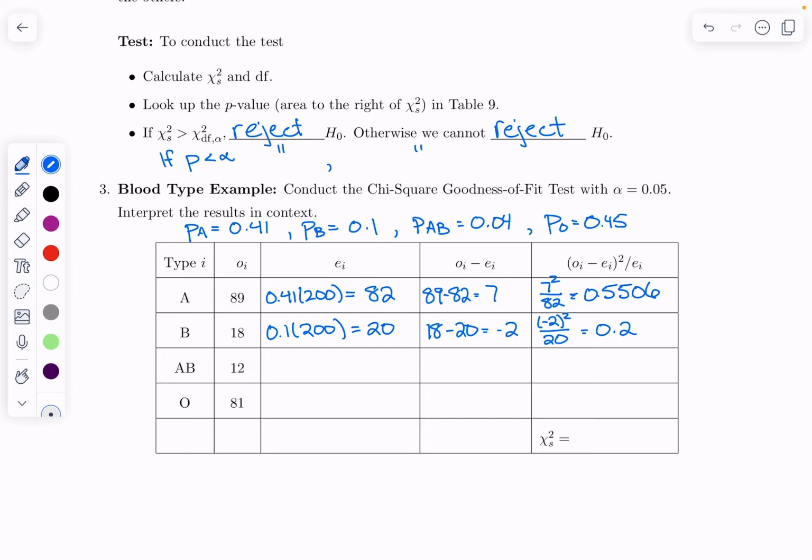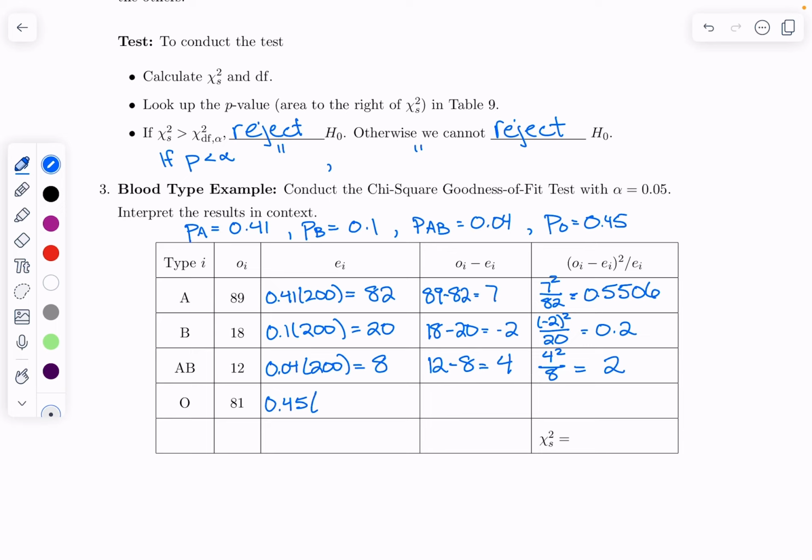For our AB blood type, we have observed 12. Our expected was 0.04, 4% of 200, which was supposed to be 8. Observed minus expected is 12 minus 8, which is 4. So that's going to give us 4 squared over 8. So that's 16 over 8, which is going to be 2. And then finally, for O, we observed 81.